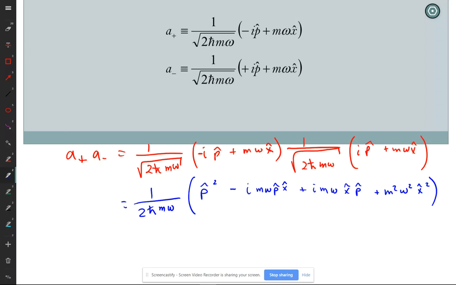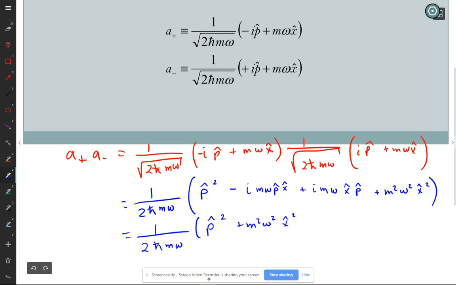All right, so what we have here then is 1 over 2 h bar m omega times p squared plus m squared omega squared x squared plus i m omega times the commutator x comma p. Notice the xp was the one with the positives. That's why I have it x comma p.